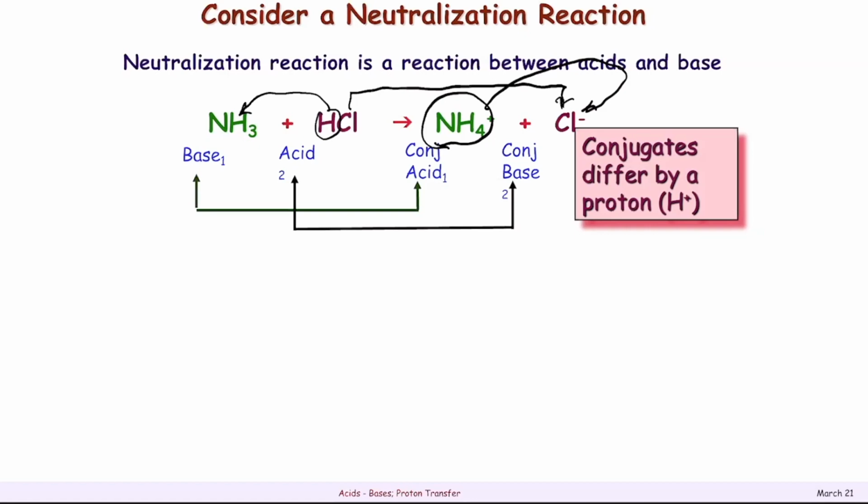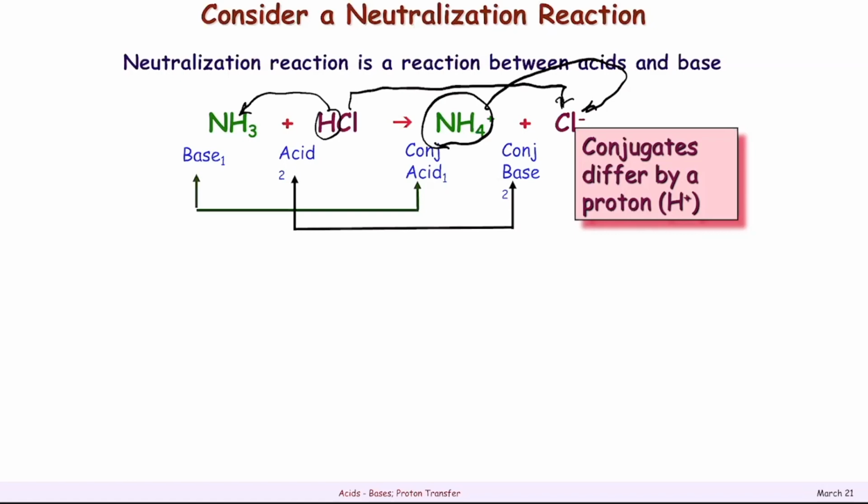Now you might ask, well, why doesn't the reaction occur in the reverse direction? The reason is that hydrochloric acid is a strong acid, okay? And if it's a strong acid, it doesn't want to form HCl again.